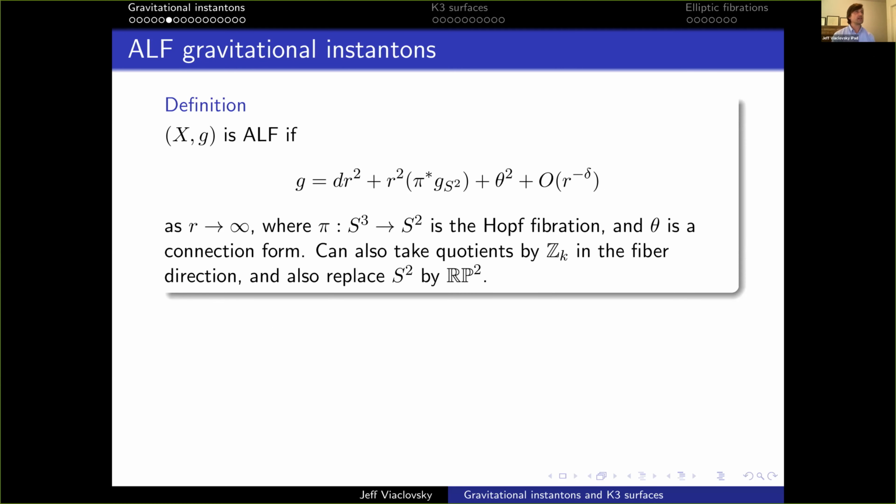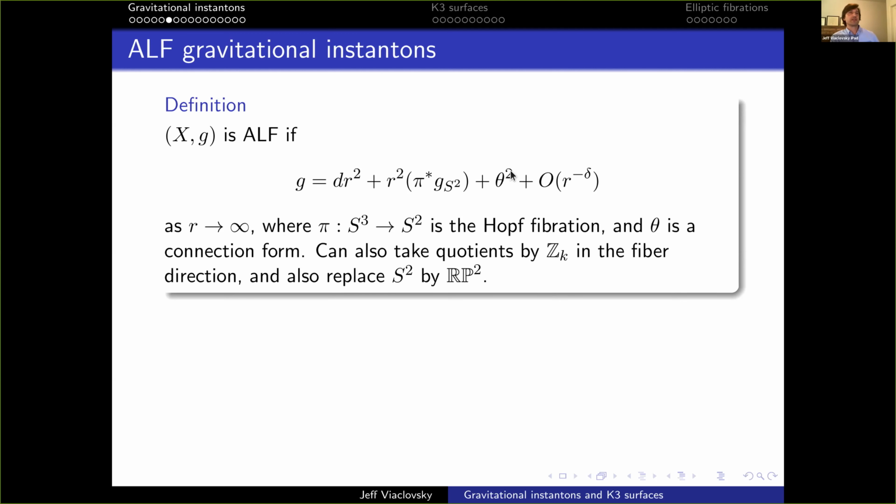Now, ALF gravitational instantons. The F doesn't really stand for anything; it was just the next letter after E. Here a metric is called ALF if, outside of a compact subset, it's asymptotic to this model metric: dr squared plus r squared times the pullback of the spherical metric on S2, plus theta squared, plus some decay terms, O(r^-delta), where pi from S3 to S2 is the Hopf fibration and theta is a connection form.